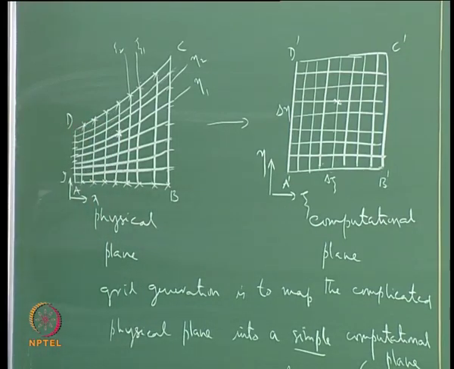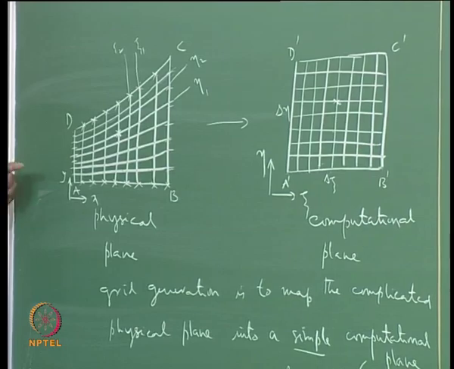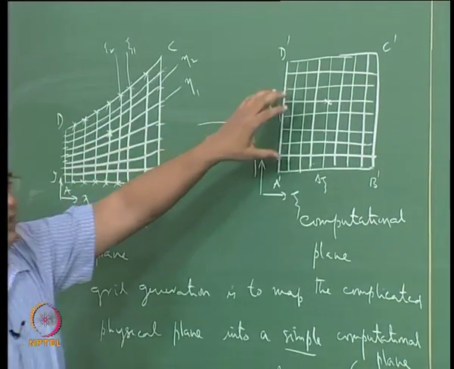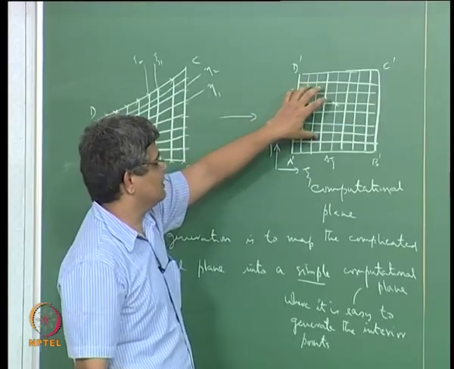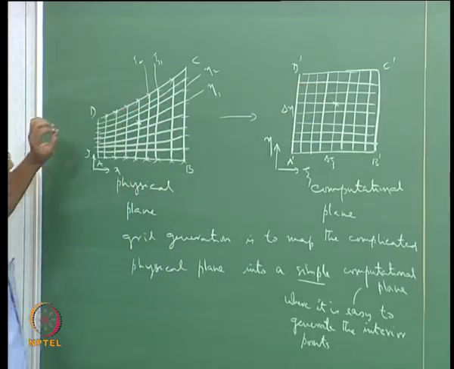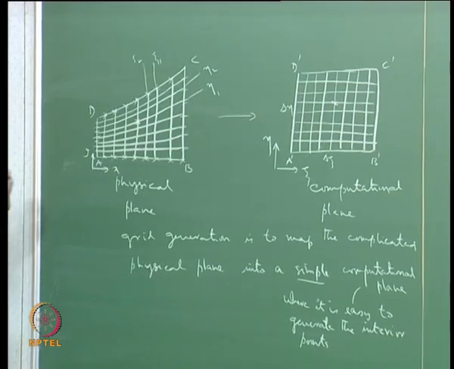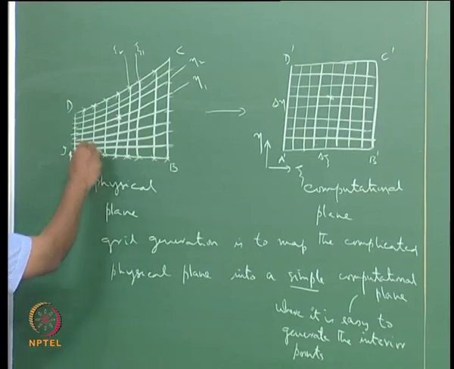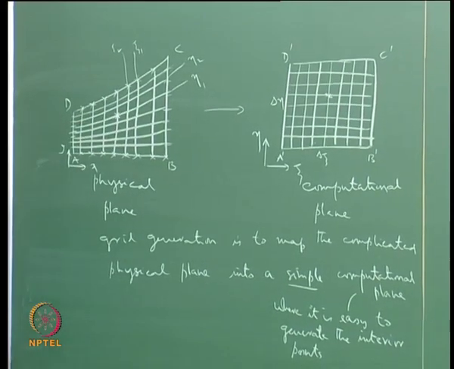This is obviously a curve. So that is why the evaluation of the corresponding interior points for a given number of interior points on the computational domain and physical domain is not straightforward, and it has to be done systematically, and it cannot be done in a simple way.